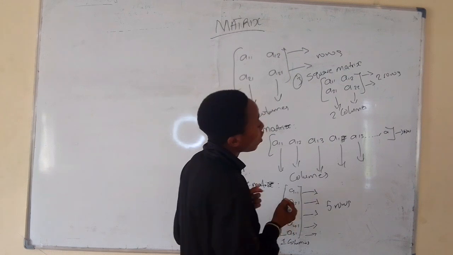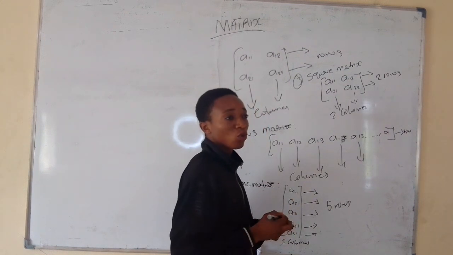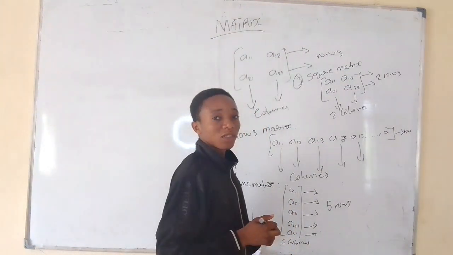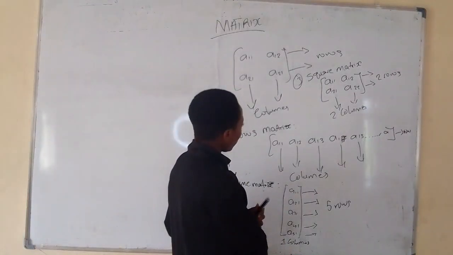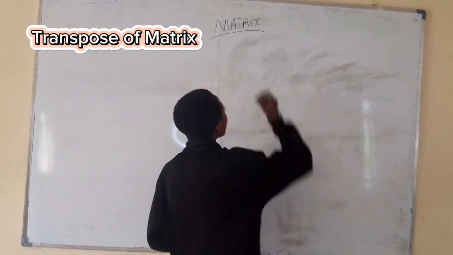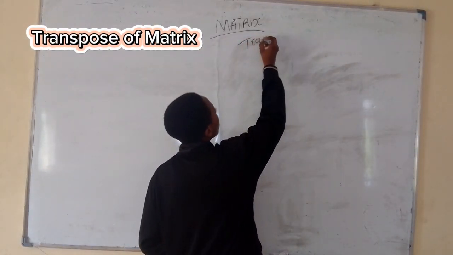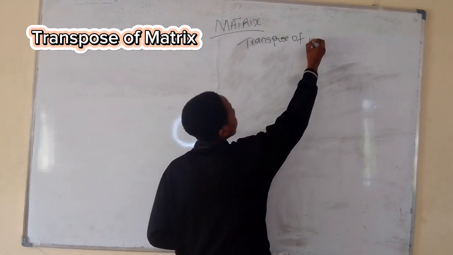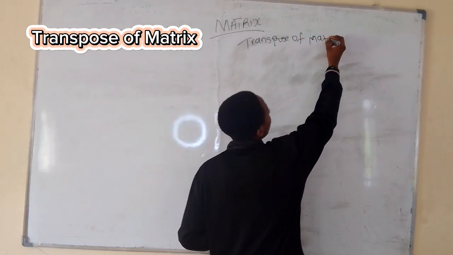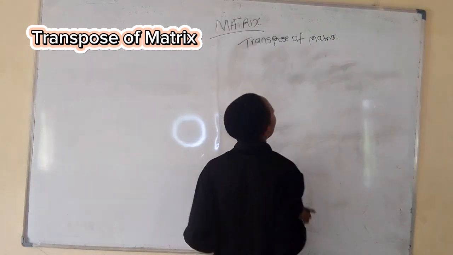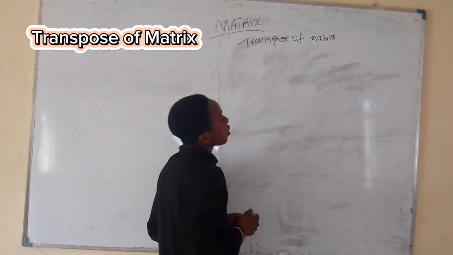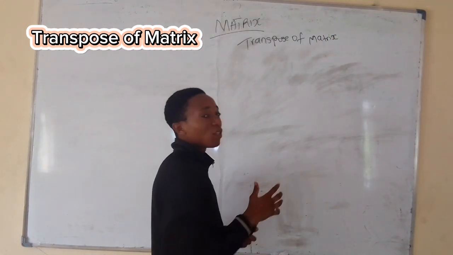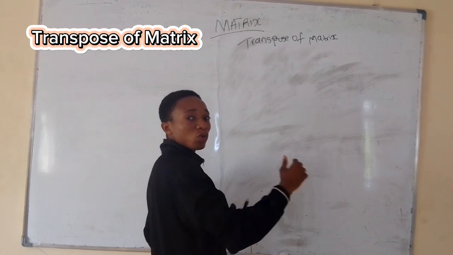Okay, now since we are done with the types of matrix, let's move on to other forms of matrix, like the transpose of matrix. So what transpose is just talking about is changing your rows to your columns.